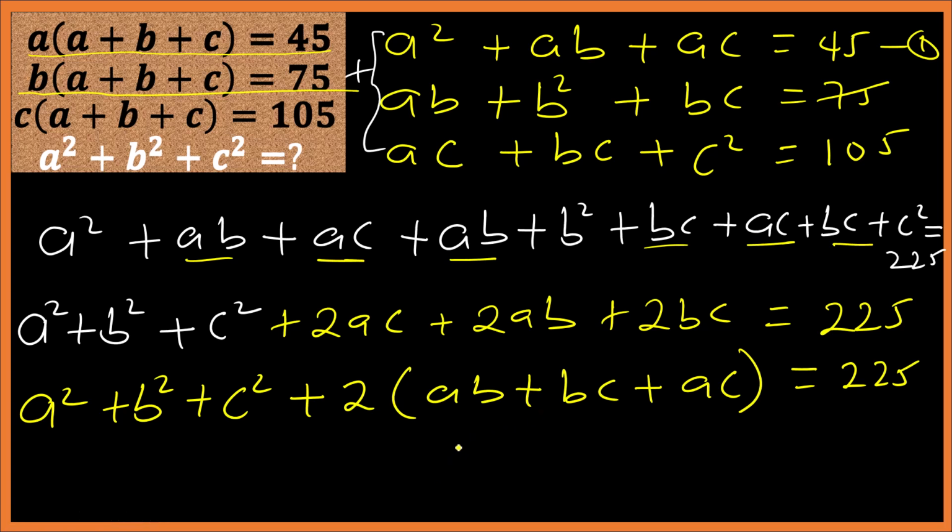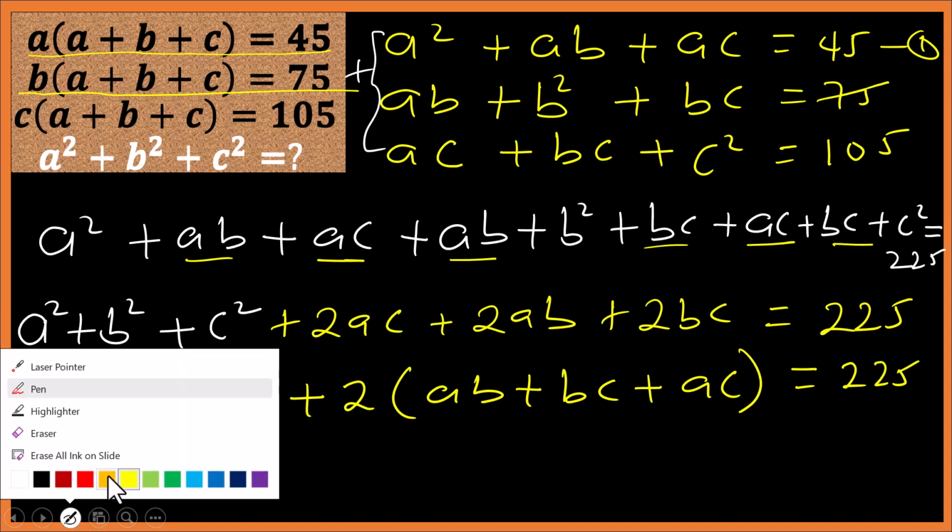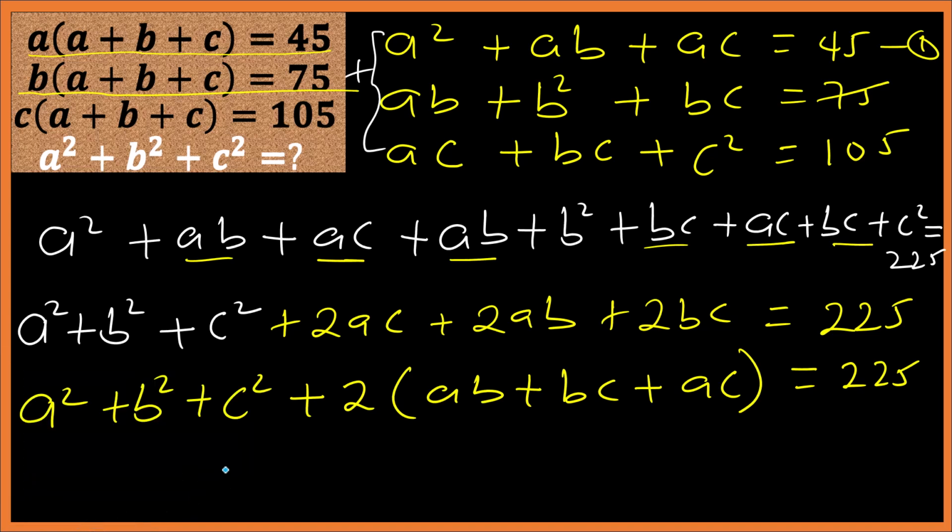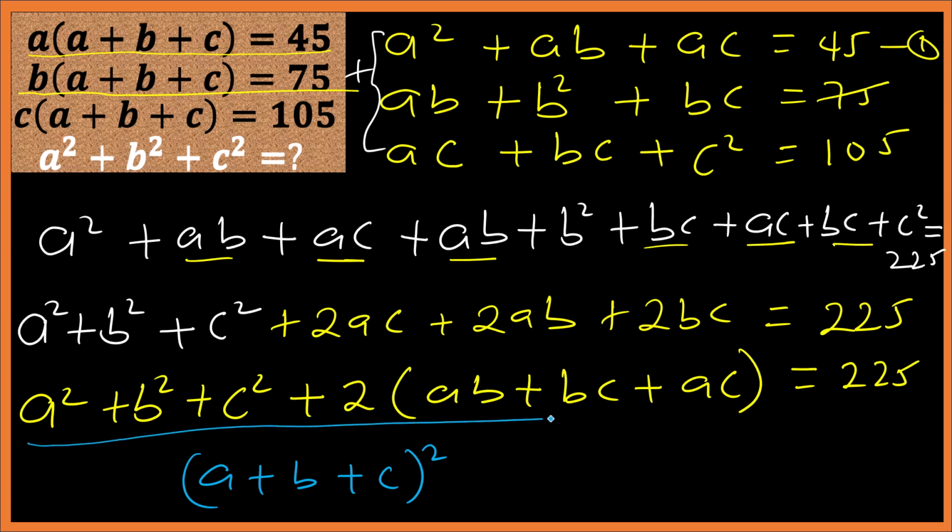Now, when you are given a plus b plus c squared, you are going to get everything here. It means that this one squared will give us this, and therefore we need to balance it.